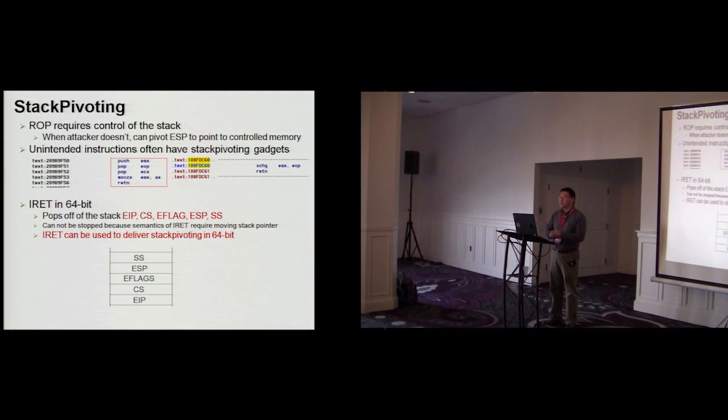So now we talk a little bit about the valid gadget here. The first thing I want to discuss is stack pivot. We saw the case here: they use unintended code to do the stack pivot, right? We will show how to do a valid gadget-based stack pivot. Another thing I want to mention is that in 64-bit, the error handler can be used to do the stack pivot.